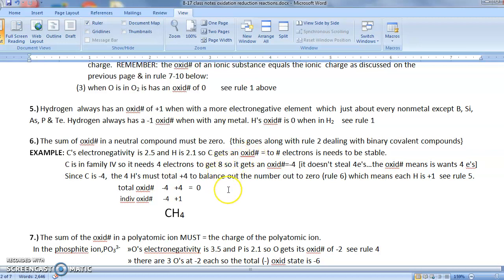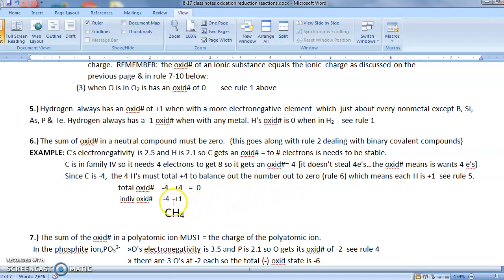Carbon's in family 4. It needs 4 electrons to get its total of 8 and satisfy the octet rule. So carbon's oxidation number here is -4. It's not 4 minus. 4 minus would mean that carbon went out and acquired 4 electrons by stealing them off other atoms. It's -4.